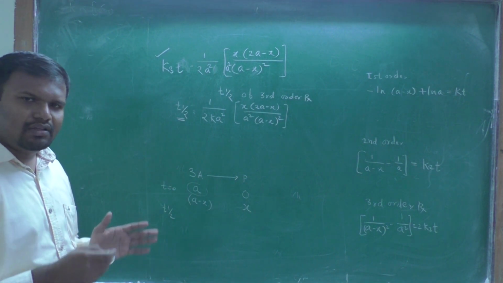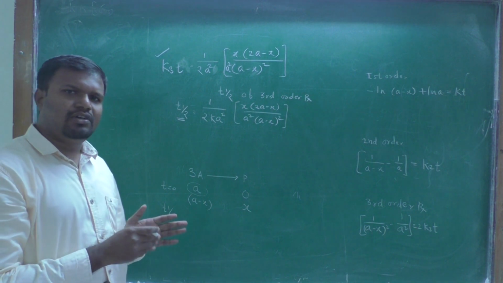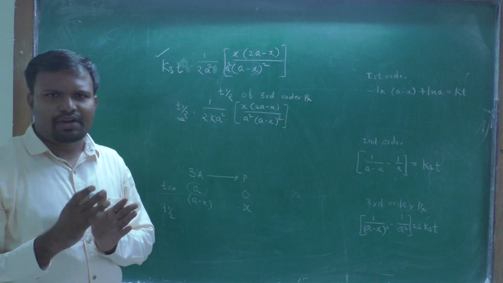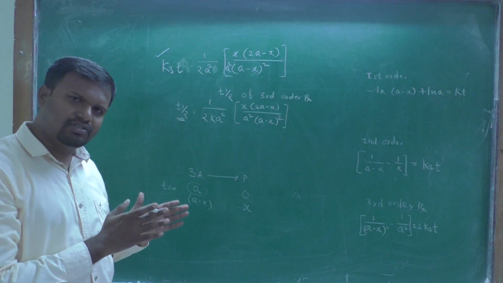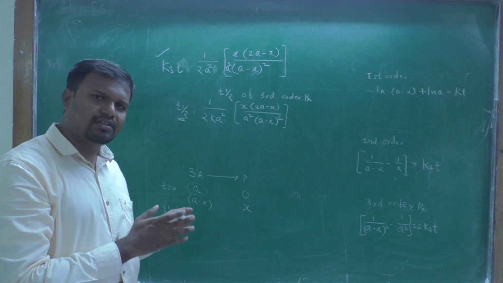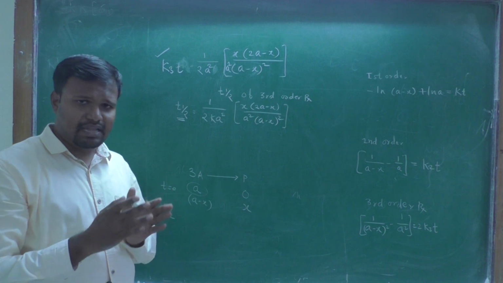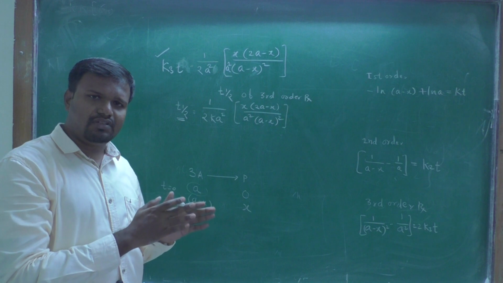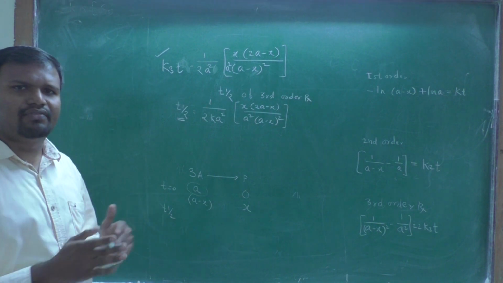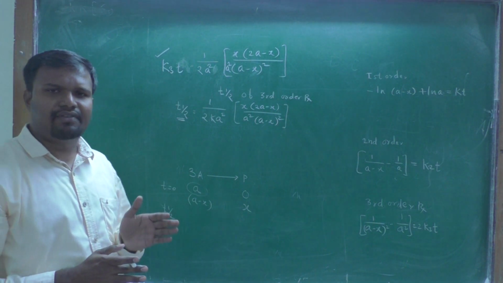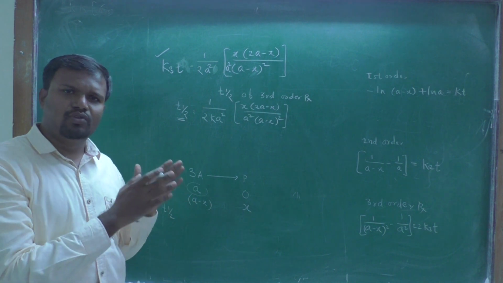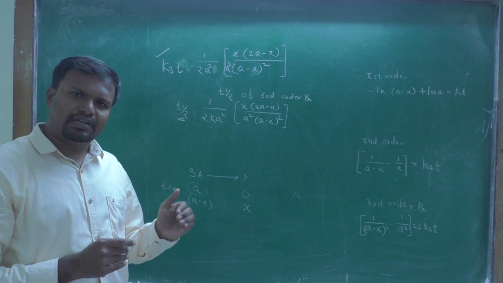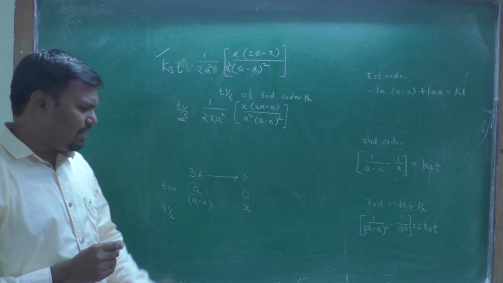Remember, t1/2 means your reactant should remain one half. This time is called the half-life period for this third order reaction or any reaction. If the reactant remains half of the original quantity, that time is called the half-life period.